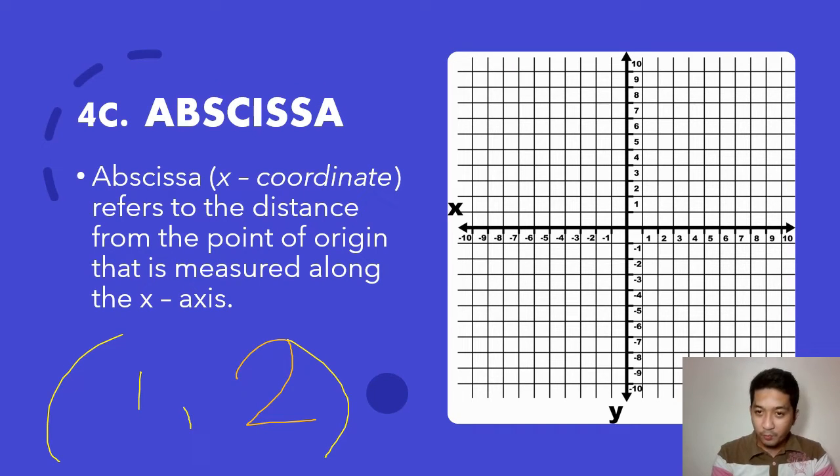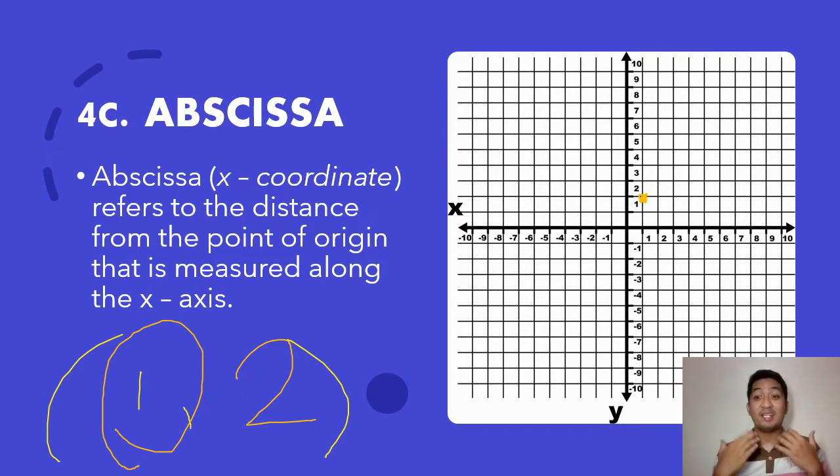This point represents the coordinates 1 and 2. So the abscissa in this ordered pair is 1, because that's the x coordinate. Again, when we say abscissa, it's the x coordinate.